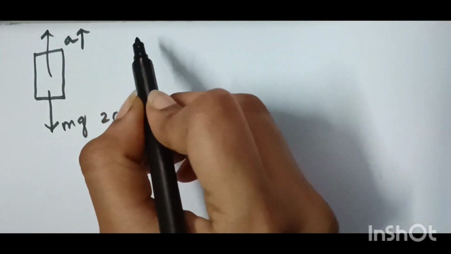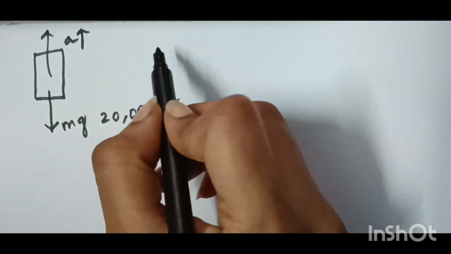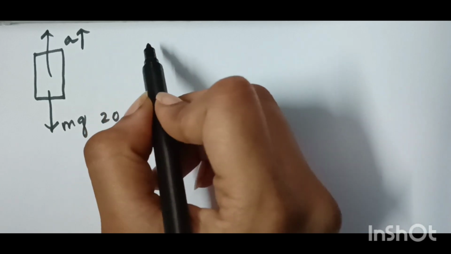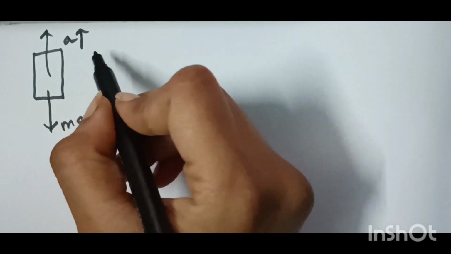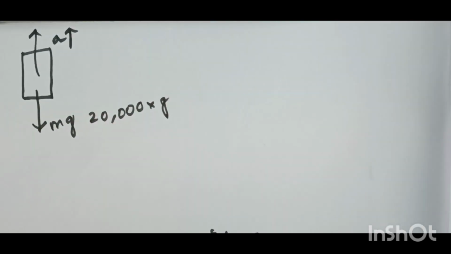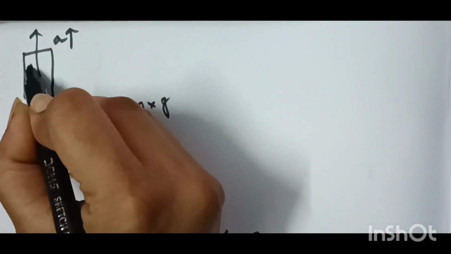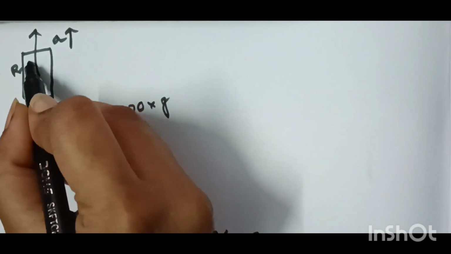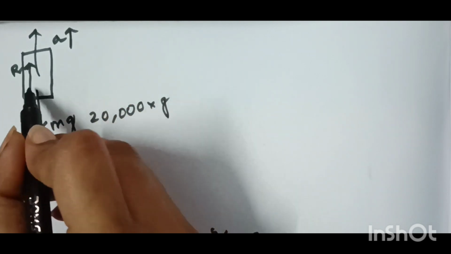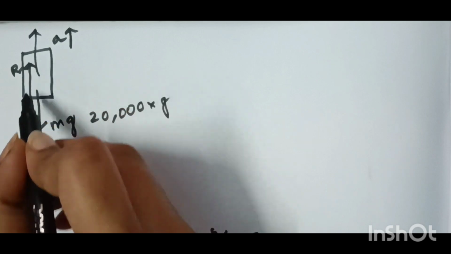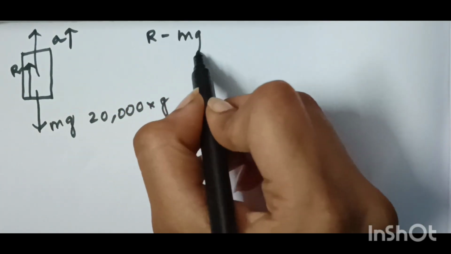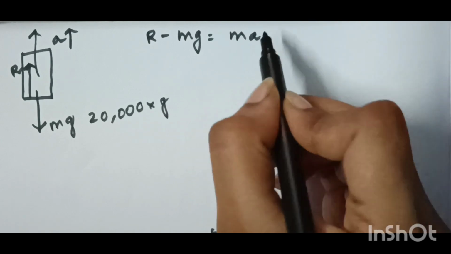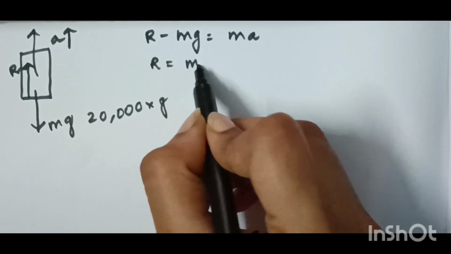Now we know net force is equal to mass into acceleration. How will we write the net force? So in this way reaction will be there, because if passengers are standing in the lift, we know the reaction will be in this direction. Now we can write R minus mg equals m into a. So R is equal to m into g plus a.